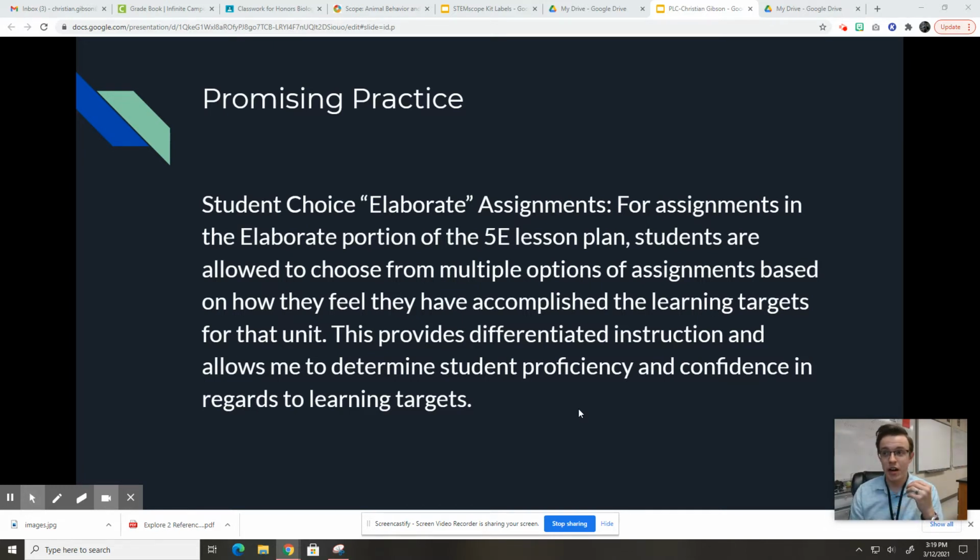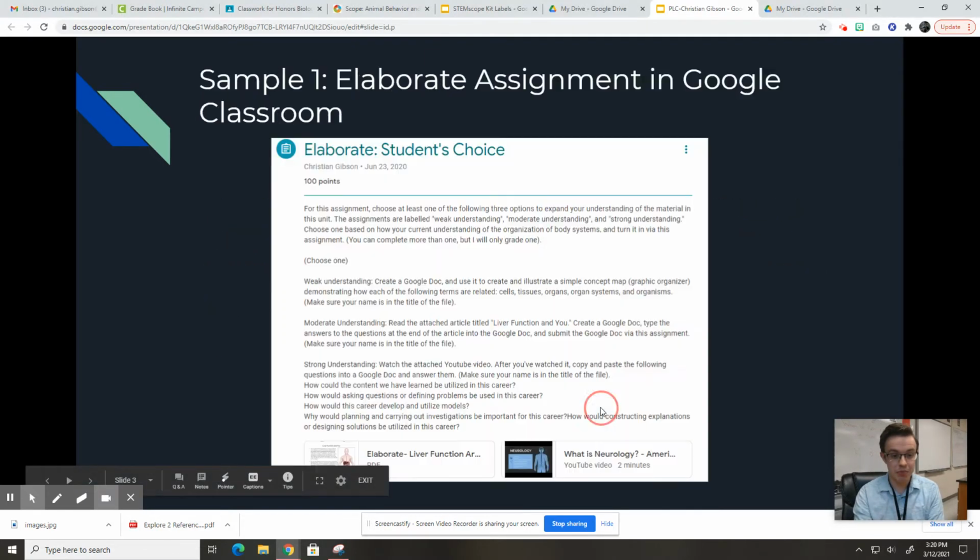In this E, usually you would expound upon the content and go a little bit deeper, maybe apply it to a career or some sort of real world phenomenon. And so what I've done, I've modified the elaborate activities to where the extension that they're doing for that assignment is their choice. Okay, so let me just show you an example to help explain that a little bit.